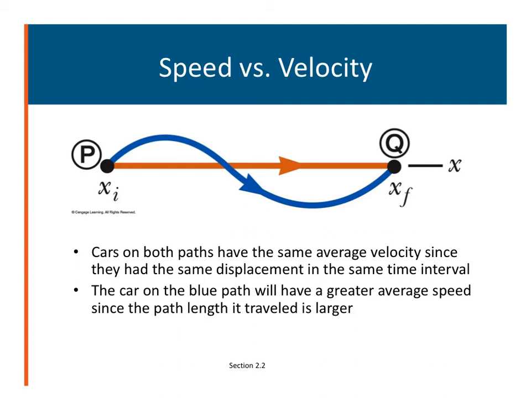However, the car in the blue will have a greater average speed since the path length is larger than the path length of the red. So the same average velocity but average speed has to be greater in the blue. Of course, this is all assuming that both paths occur over the same time interval.